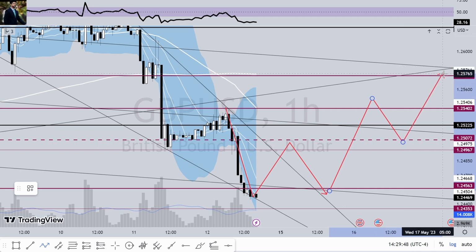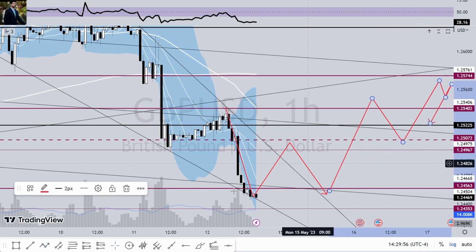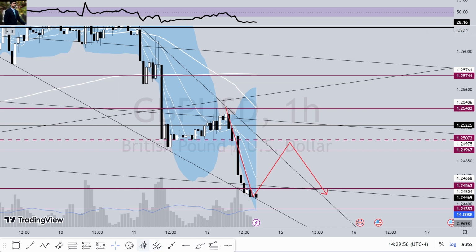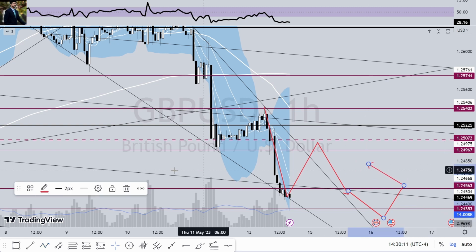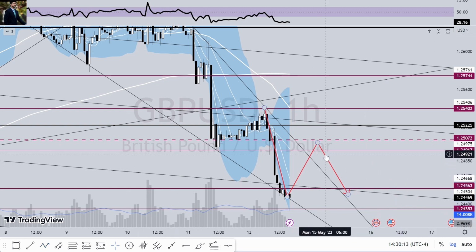I'm not sure if it will be able to break or not, or the price could reverse in the opposite direction as well. Or the price could even break down here and follow all the way down. So don't be biased.